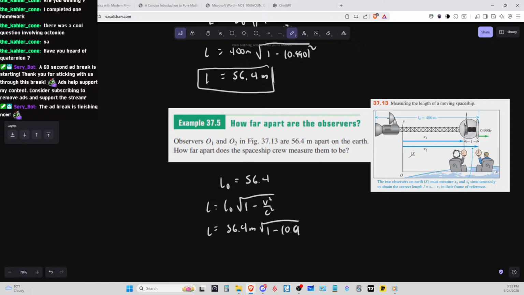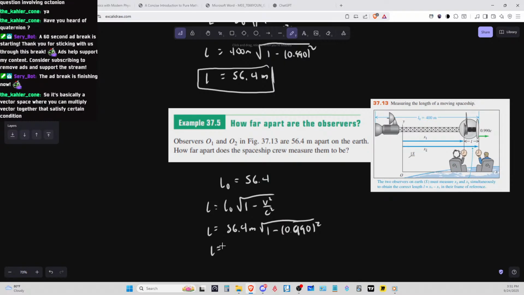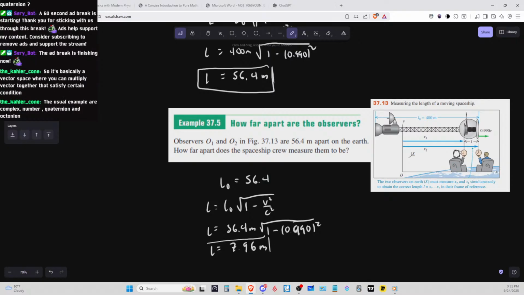Yeah, 9 squared. 560 times 1 minus 0.0... So they measure them to be 796 meters apart.